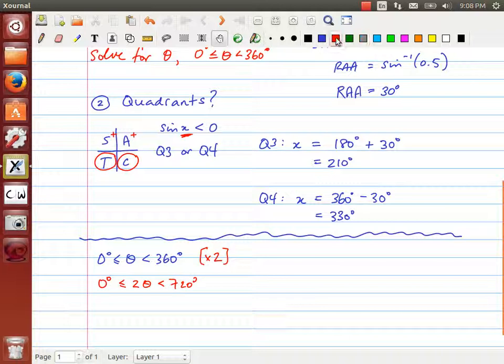Now let's go ahead and make our substitution, which is that 0 degrees is less than or equal to, well, we said that 2 theta was the same as x, less than 720 degrees. That means that values for x can be anywhere between 0 and 720 degrees. So that 2 theta in our original equation has actually changed things quite a bit, because it means I now have to consider coterminal angles.